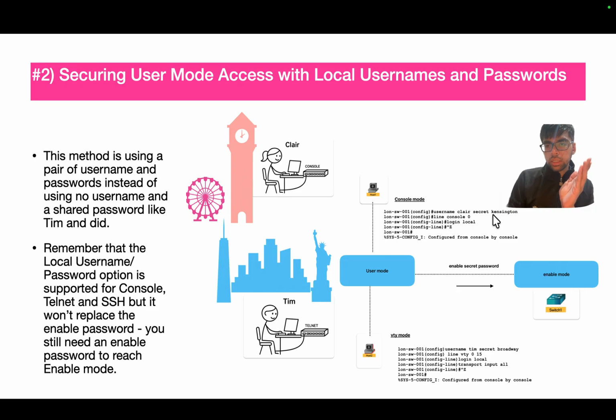So that's a username and a password, and that is now configured. But not quite yet. After entering that, she goes to line console 0, login local, and then returns to privileged exec mode. Now that's configured for console access, so she will be challenged for a username and password when she tries to log into her switch.